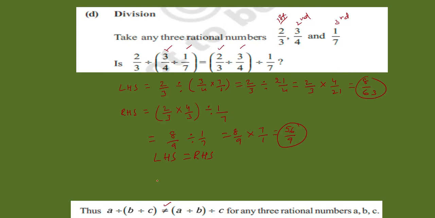Simply, for A, B, C belongs to Q, A divided by B divided by C is not equal to A divided by B divided by C. The rational numbers are not associative under division.